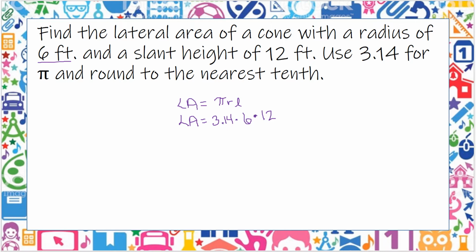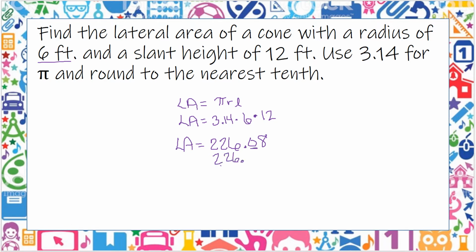We get 3.14 times 6 times 12, or 72. And you get that the lateral area of this one is 226.08, and they want it rounded to the nearest tenth.